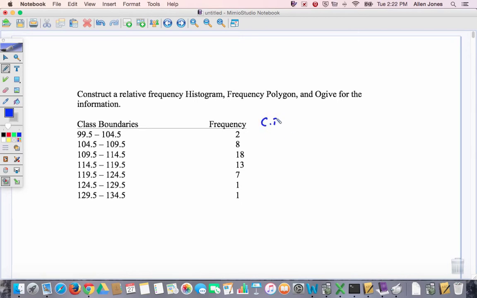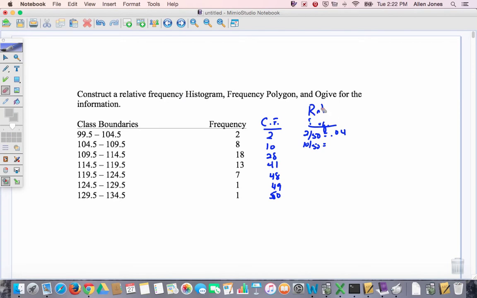We have the same distribution, but I'm going to do two things here. I'm going to put a cumulative frequency column on here. We've already had that up here: 2, 10, 28, 41, 48, 49, and 50. I'm going to put a relative frequency column on here. So relative frequency takes 2 and divides it by 50 to get 4% or 0.04.